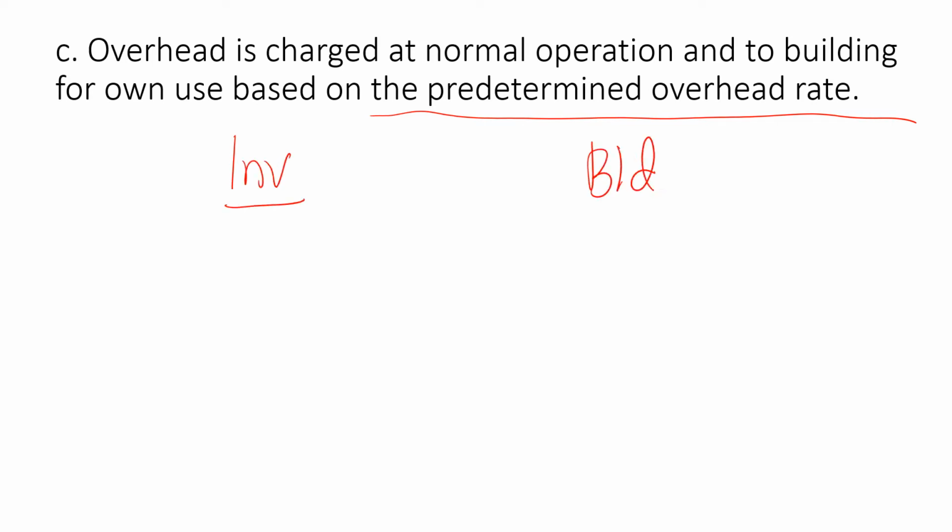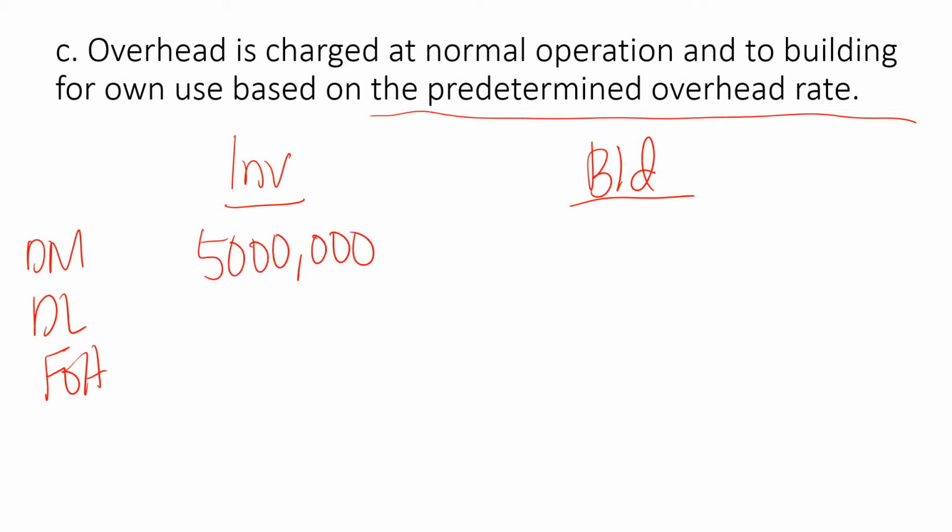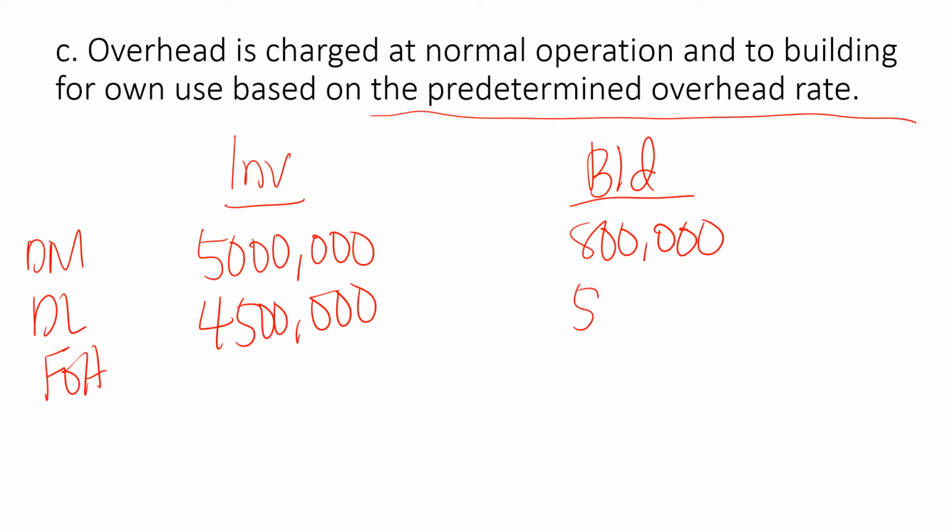So, inventory, we have building. This is direct materials, direct labor, and factory overhead. So, this is 5 million. Direct labor is 4,500,000. This is 800,000. This is 500,000. Ayan.